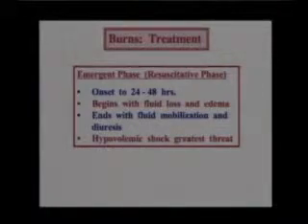It begins with the fluid loss and the edema that develops and ends with the fluid mobilization and diuretic phase. During this phase, when the fluid is moving out of the bloodstream into the tissues, the biggest problem for the patient is hypovolemic shock.